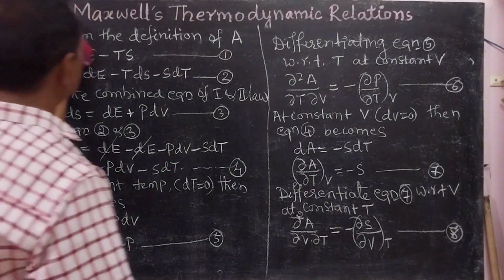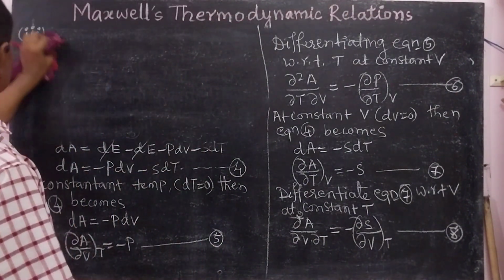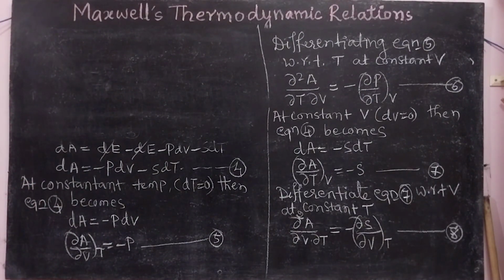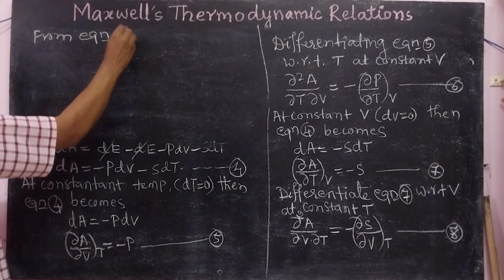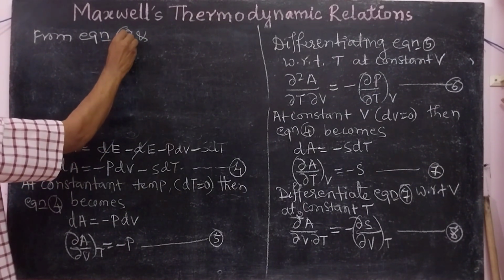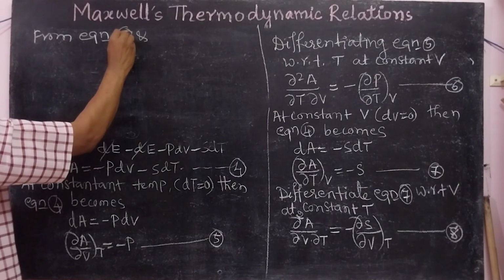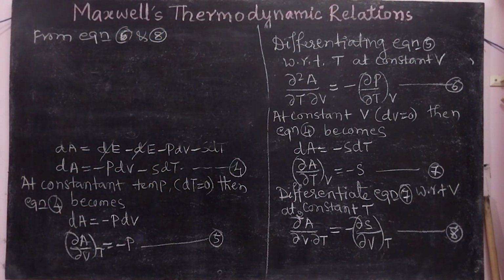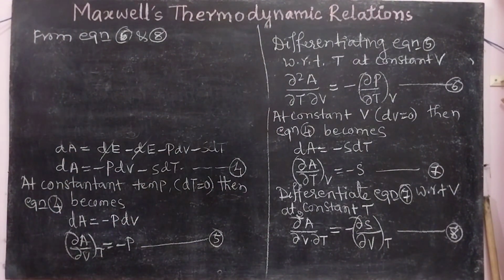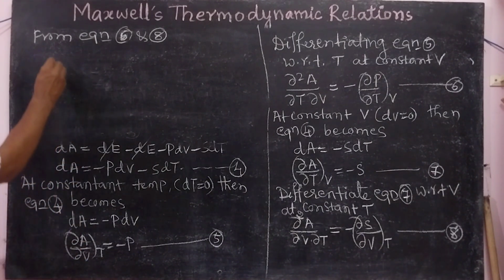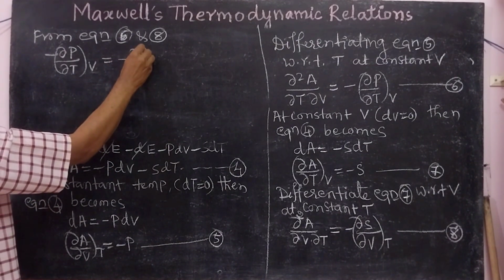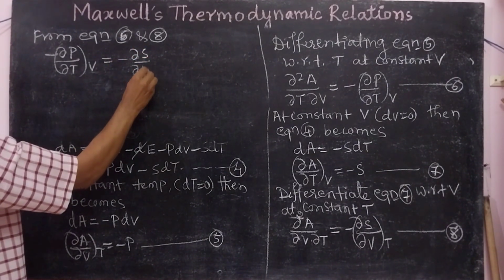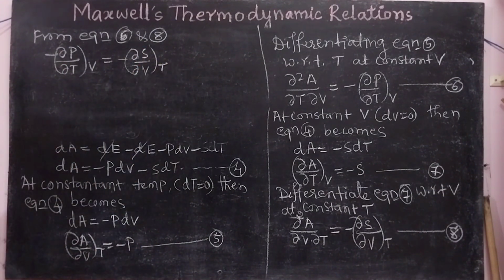Then, equating equations 6 and 8, the LHS are same, that is minus ∂P divided by ∂T at constant volume is equal to minus ∂S divided by ∂V at constant temperature.